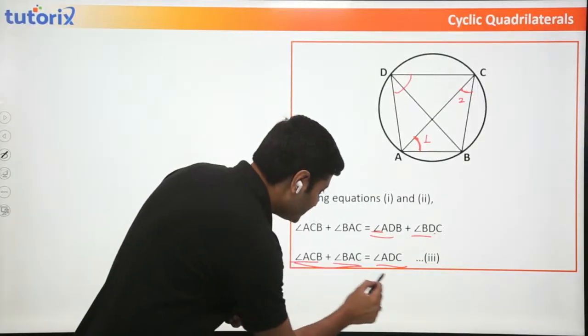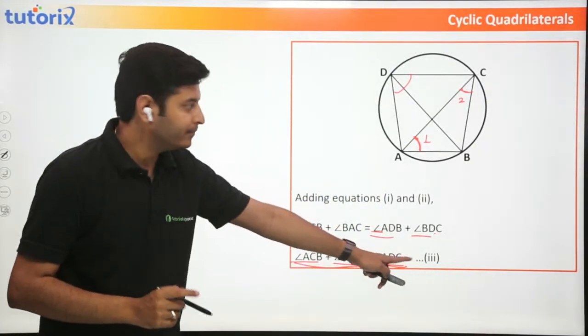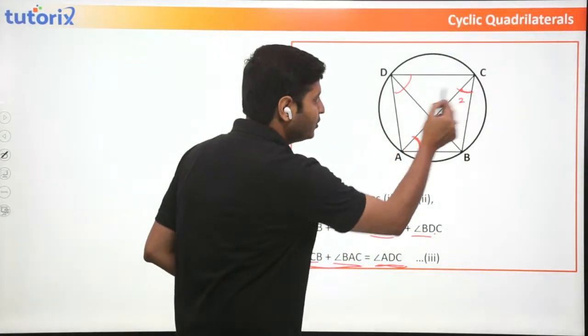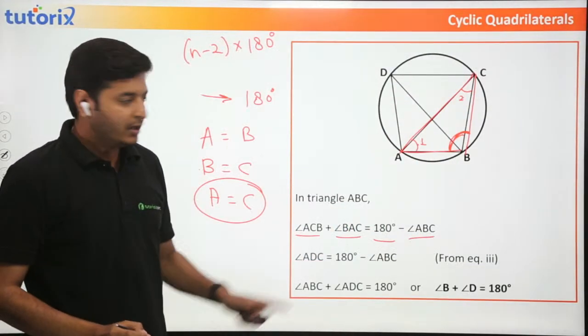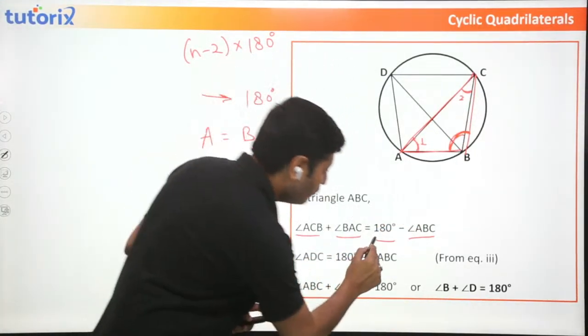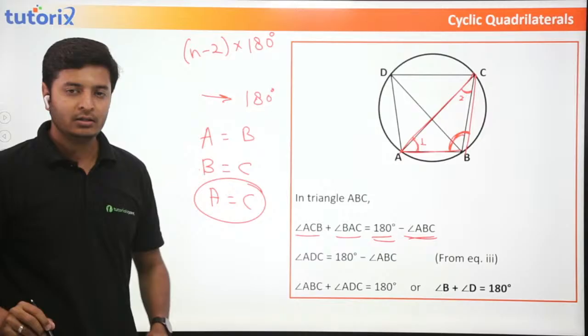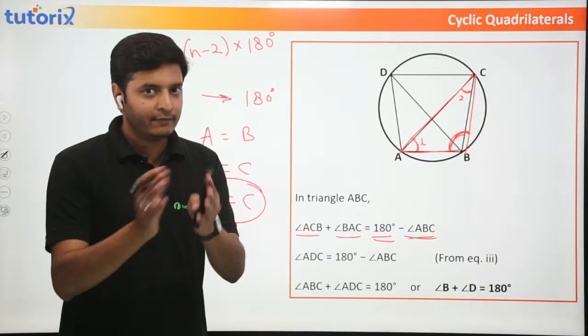Now look at this. ACB plus BAC is equal to ADC, equation number 3. Angle 1 plus angle 2 is equal to this angle D. But here we are proving angle 1 plus angle 2 is equal to 180 degrees minus ABC. If they are equal to the same value, we can equate them.